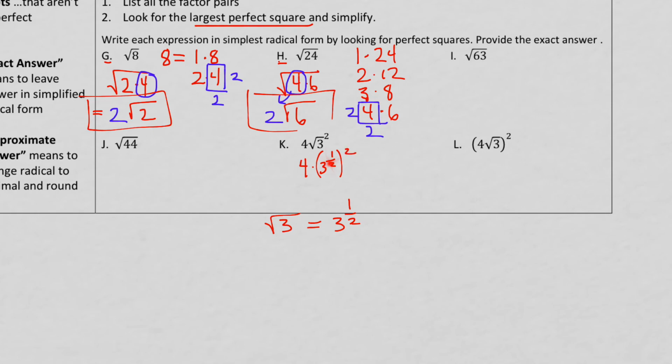Now, if you understand this, then if we think about our exponents as lists of repeated multiplication, here, this means that I have two of these. So if I have 2 3 to the halves, then if I have half of a 3 and half of a 3, then I just have 1 3.